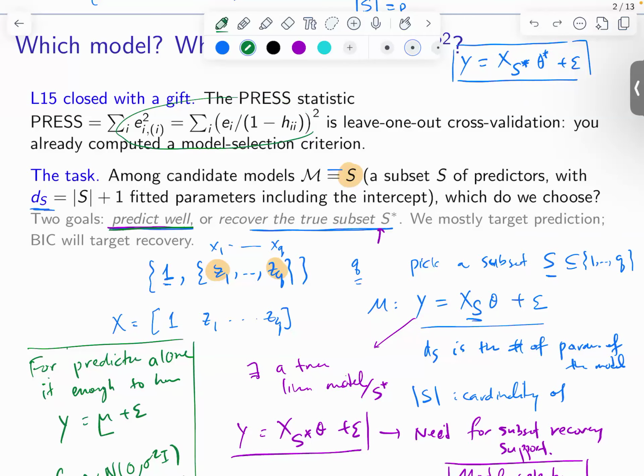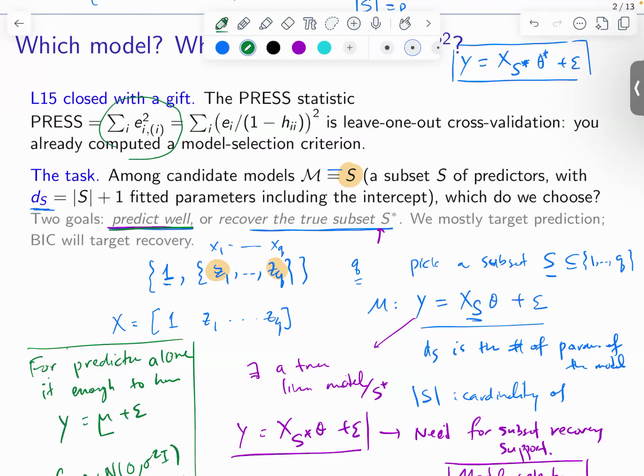So the criteria that we saw, each one is trying to measure how well we predict the ith data point, given that I haven't seen it. When I sum them up, this is like an SSE, but it's actually a good measure of prediction error. So I can use this, which we call PRESS. It's equivalent to leave-one-out cross validation, and you can use it as a model selection criteria.